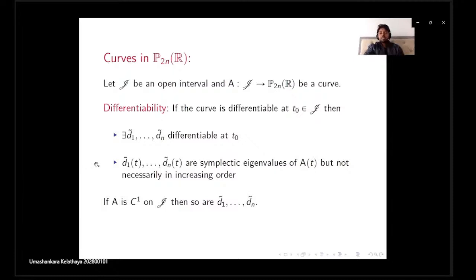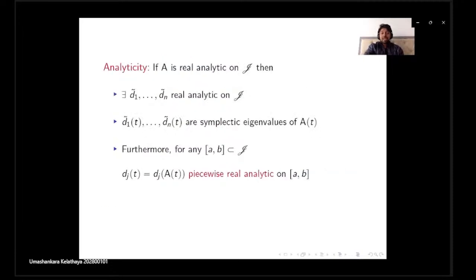Now, when we consider a better assumption such as analyticity, we get further interesting results. If the curve A is assumed to be real analytic on an interval, then one can find real analytic symplectic eigenvalue maps as before. But again, these numbers are not necessarily in any particular order.